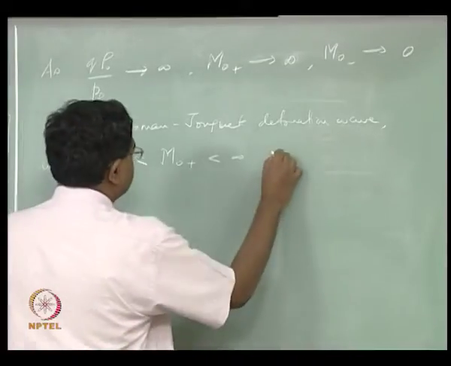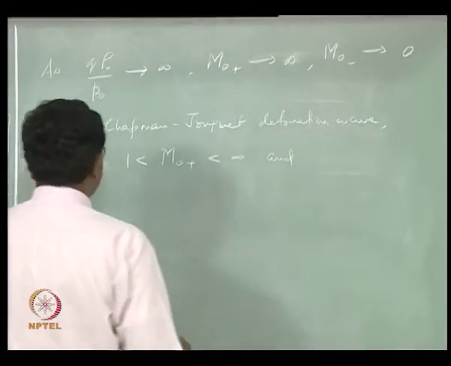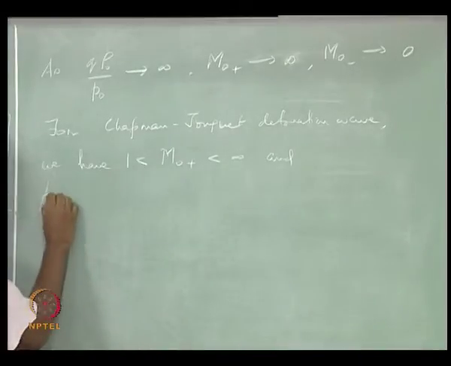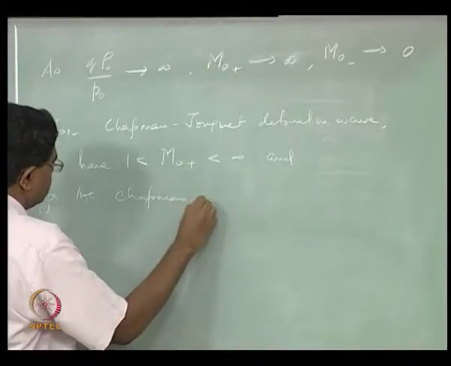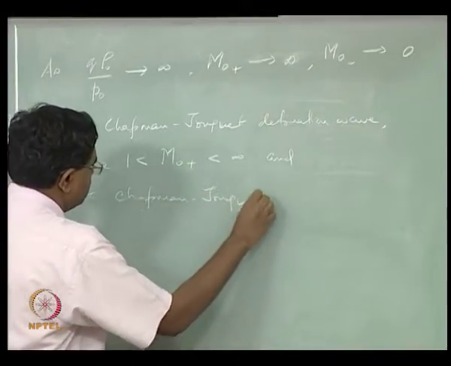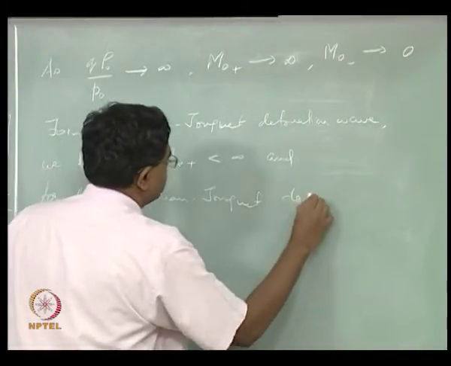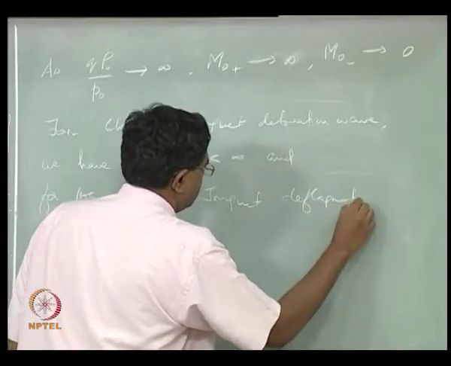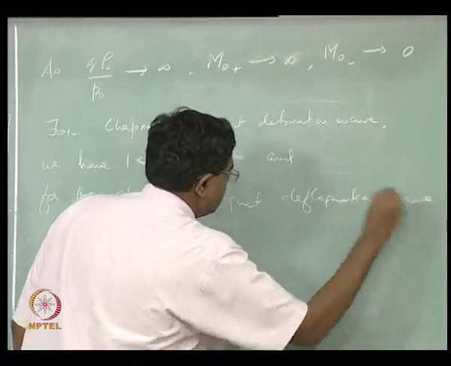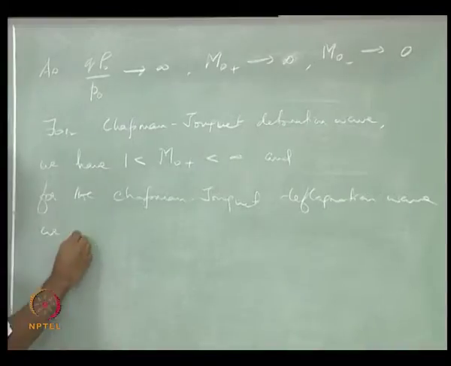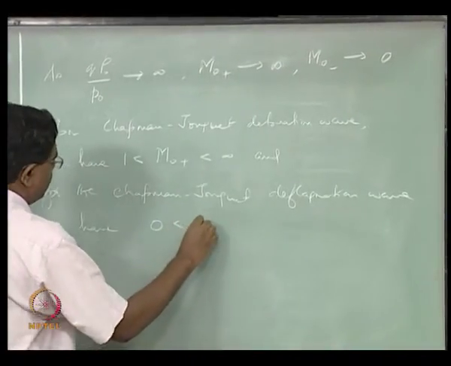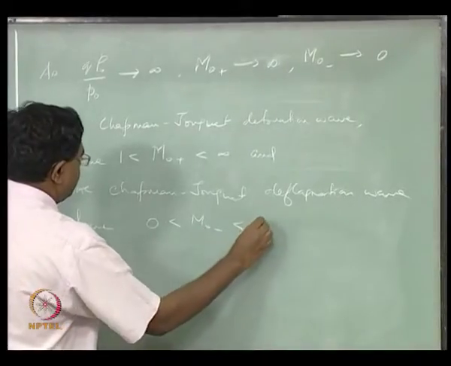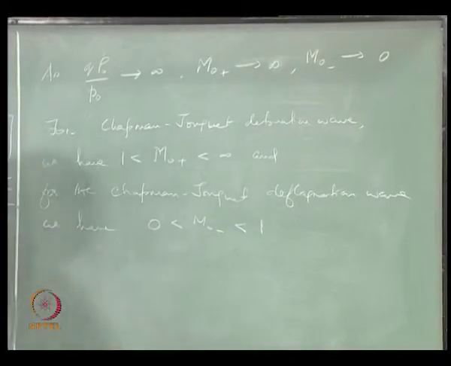And for the Chapman-Jouguet deflagration wave, we have 0 less than m naught minus less than 1, you see.